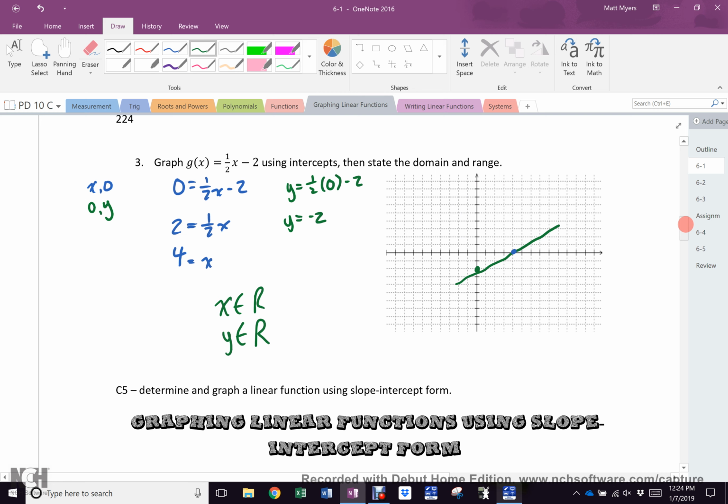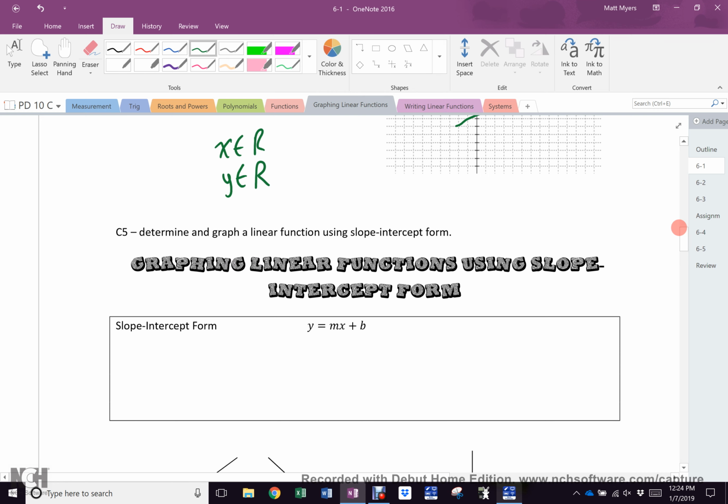Yeah? Now, next thing. You see a word here that we have used before. The word is slope. When we were talking about slope, slope was a rate of change, because in all our previous graphs, two things were happening at once.